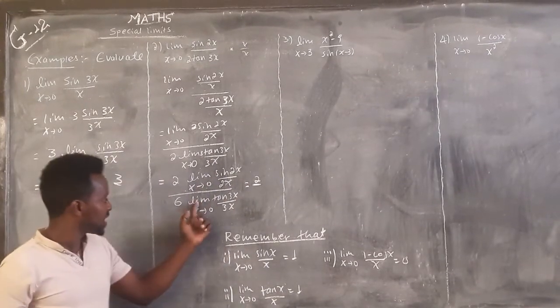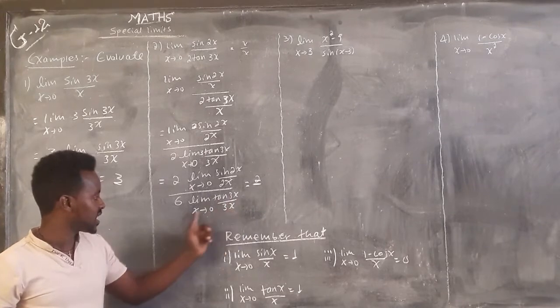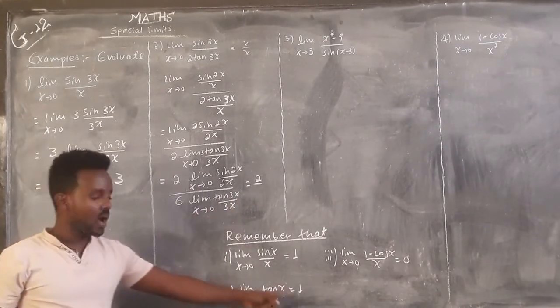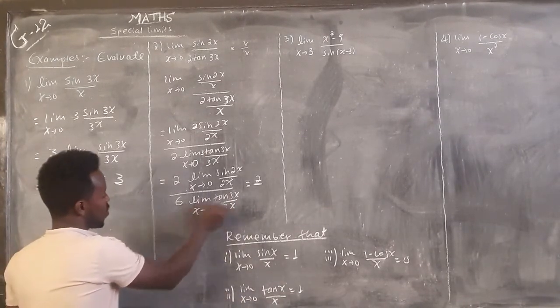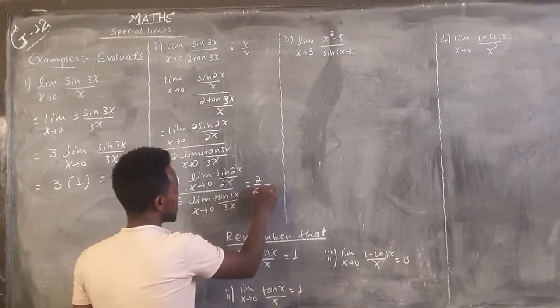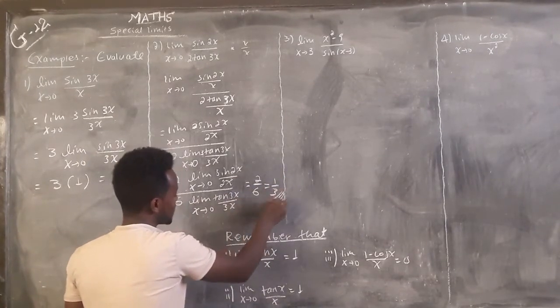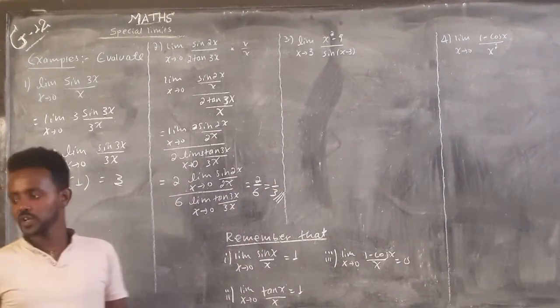We already proved that limit of tan 3x over 3x as x approaches 0 is 1. So 1 times 6 is 6, which gives 2 over 6, which is 1 over 3.